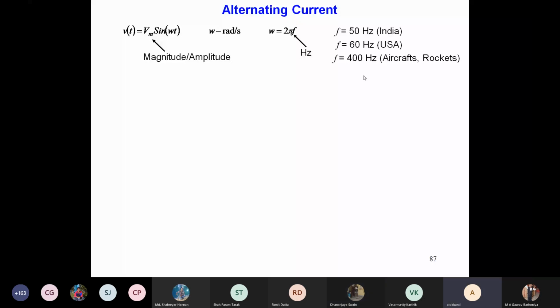It needs power throughout the 15 hours of the journey, carrying 400 passengers, for different purposes like the air conditioning system, maybe an entertainment system, and heating the food. If you fly an Air India aircraft from Delhi to New York, it will take 15 hours.